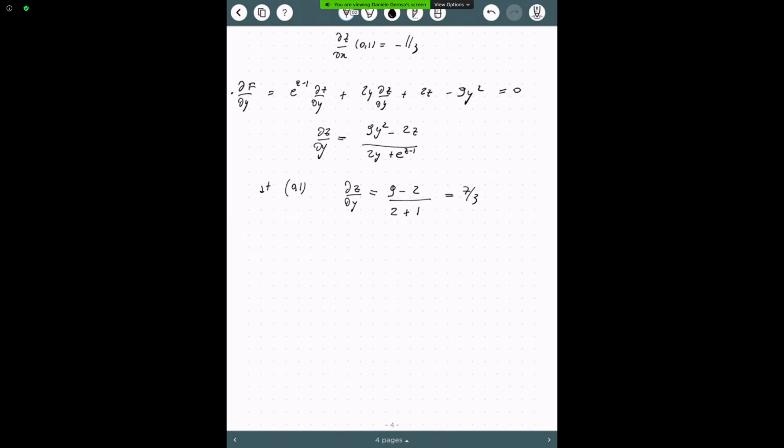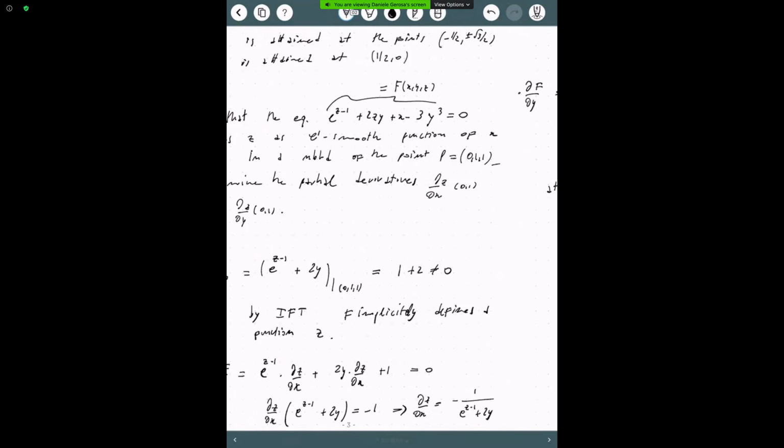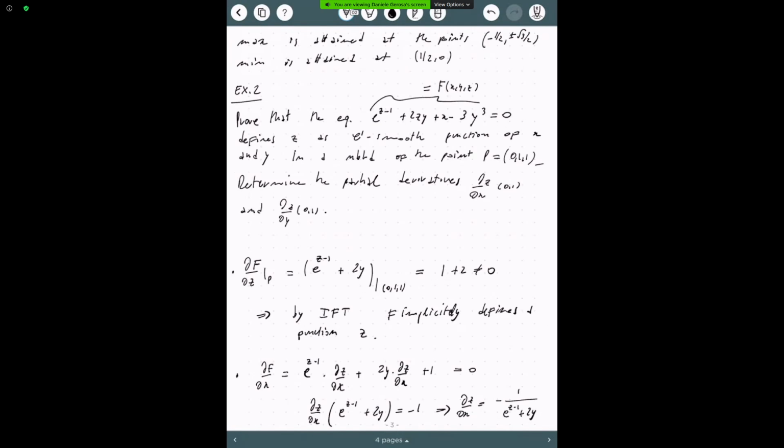How did you determine that z equals 1? Well, the point that we started with was the point (0, 1, 1), right? This point P has to fulfill f of P equal to 0. So the value of z must be equal to 1.